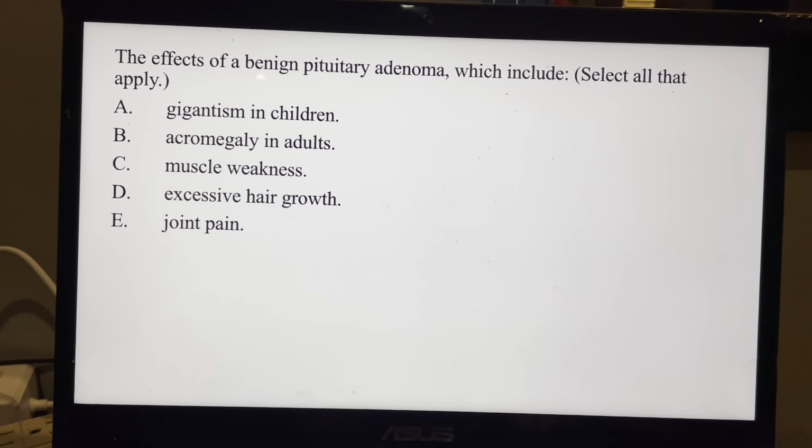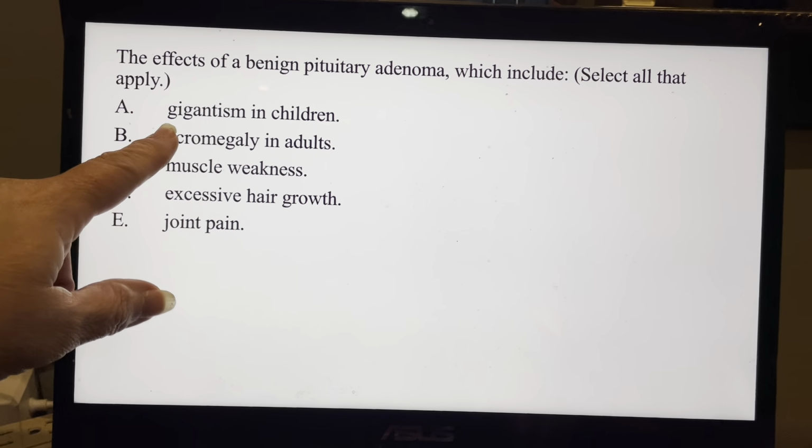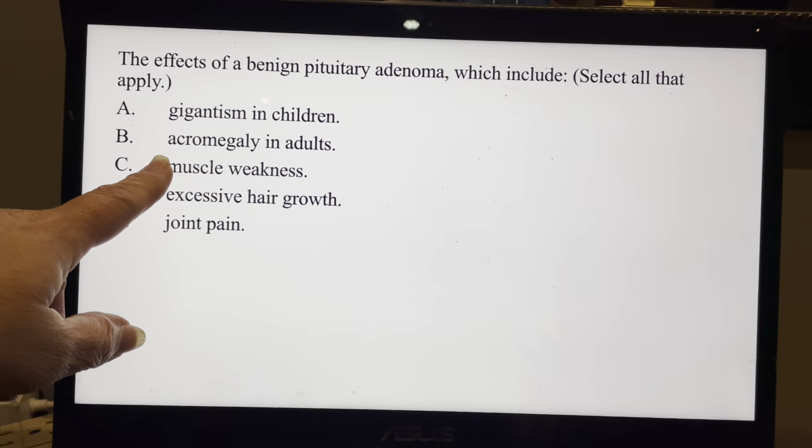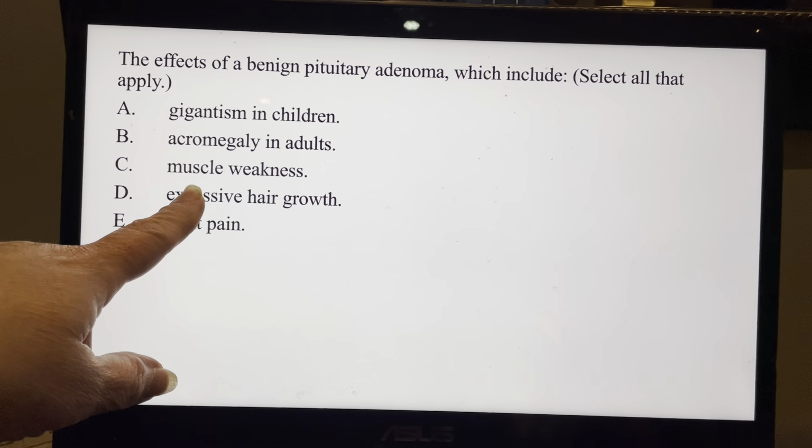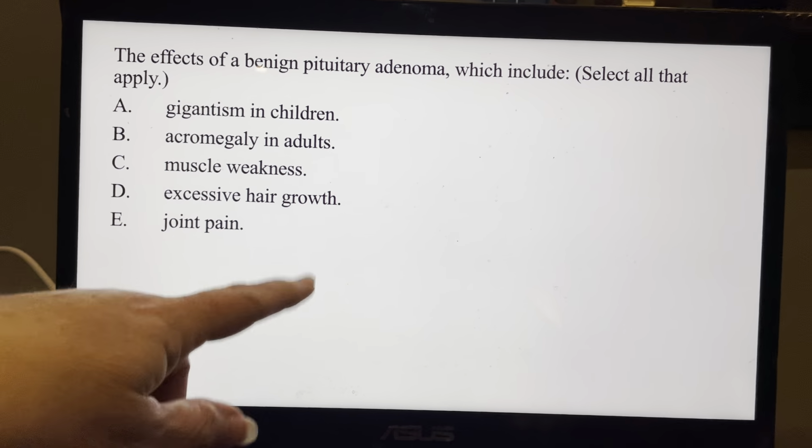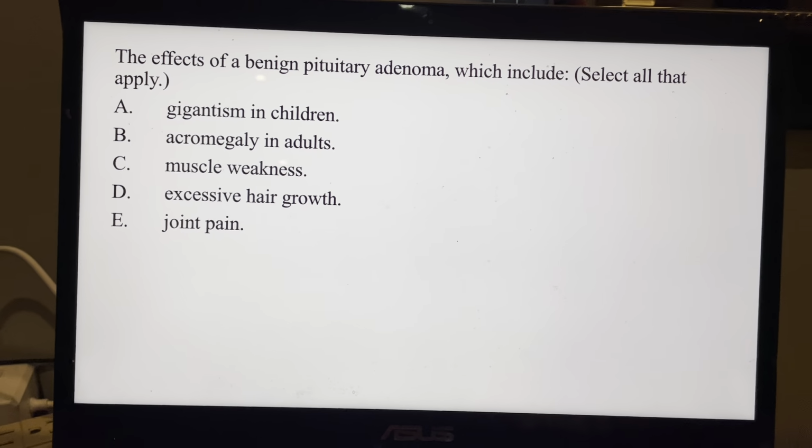The effects of a benign pituitary adenoma include gigantism in children, acromegaly in adults, muscle weakness, excessive hair growth, or joint pain.